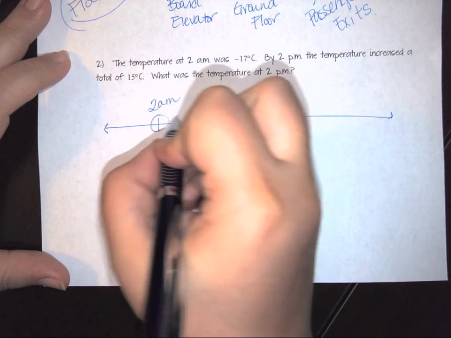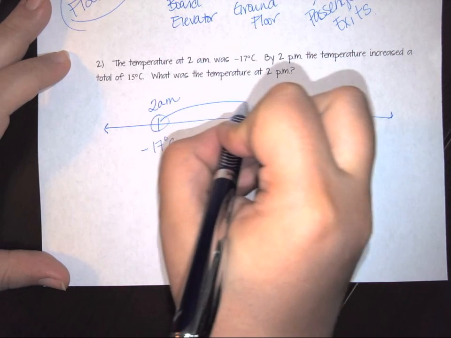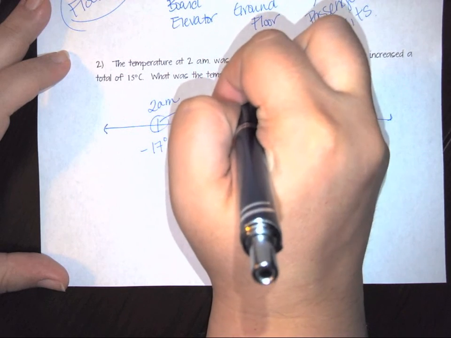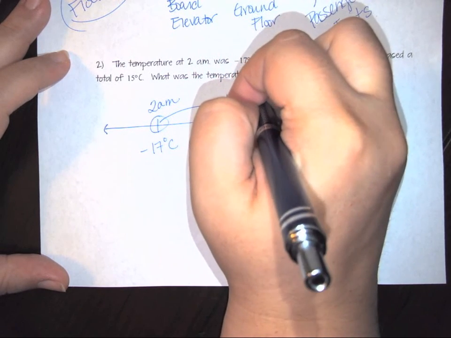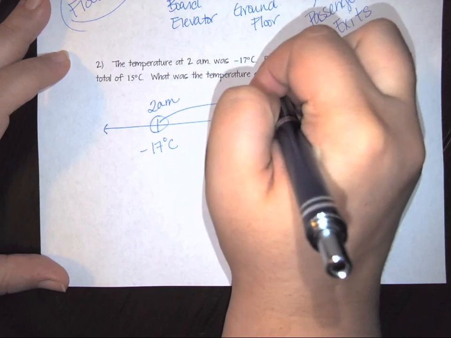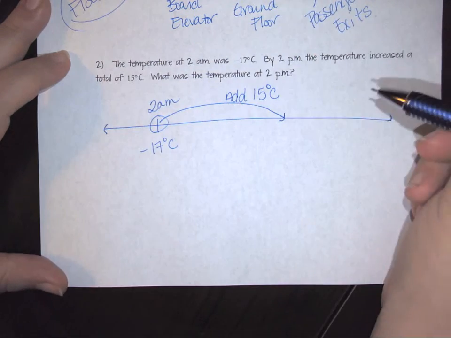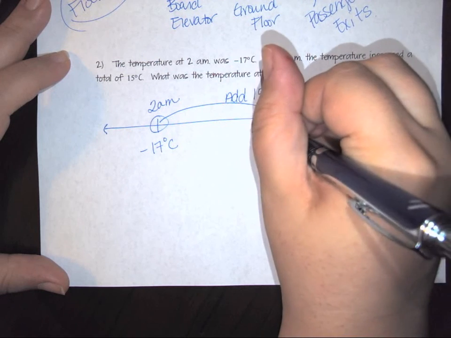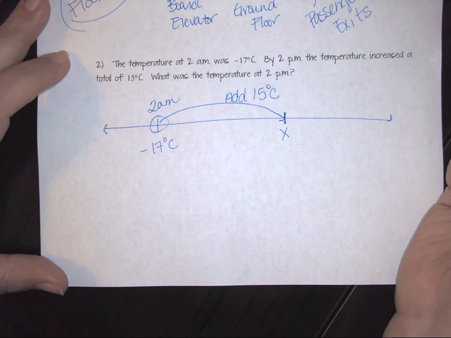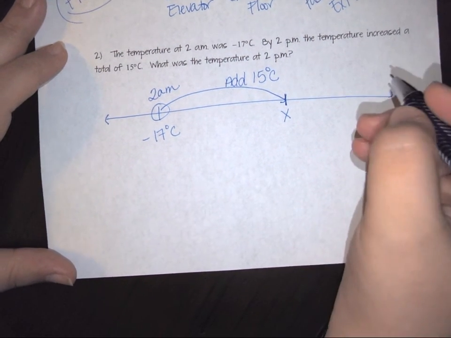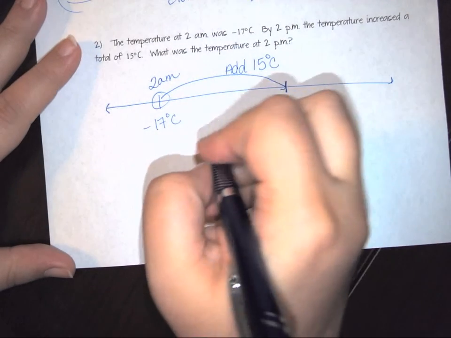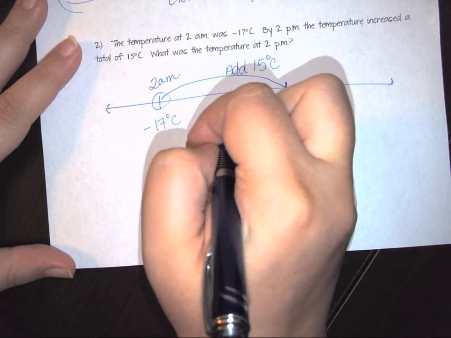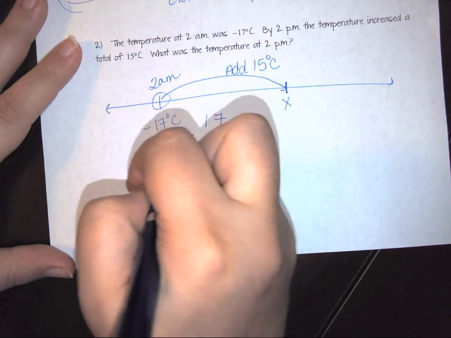Now from this, we are going to count up 15 degrees. So we're going to start here, and we are going to move up to here. And we are going to add 15 degrees to find my solution. And so this right here is what we're looking for. So essentially what we're going to do is we've got 17 minus my 15.